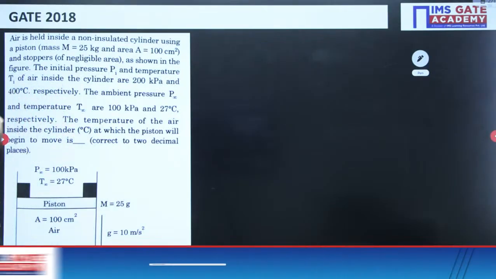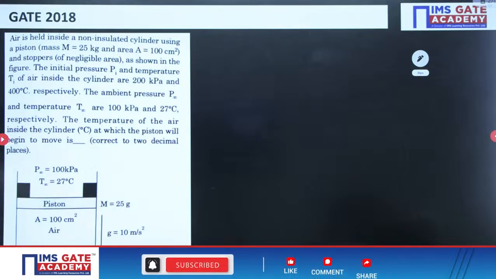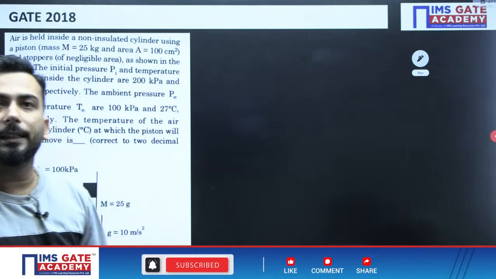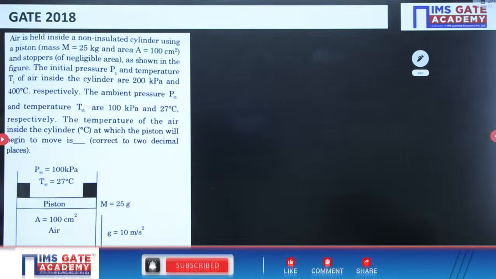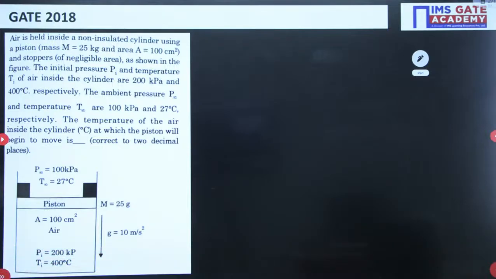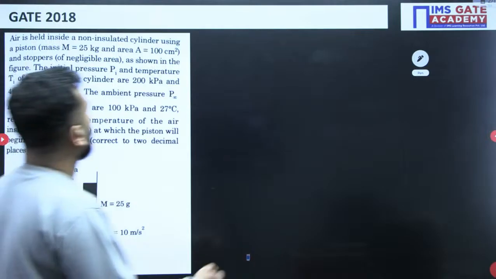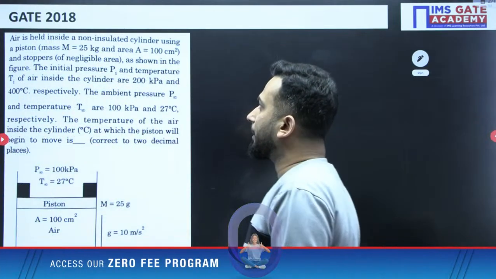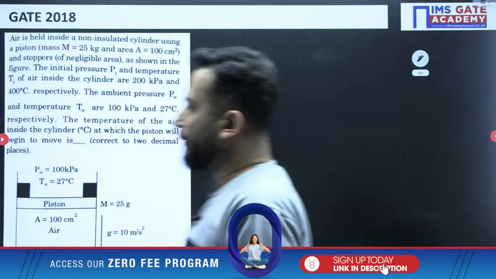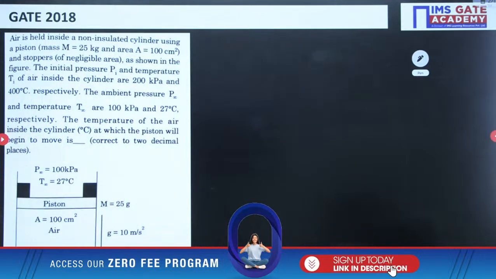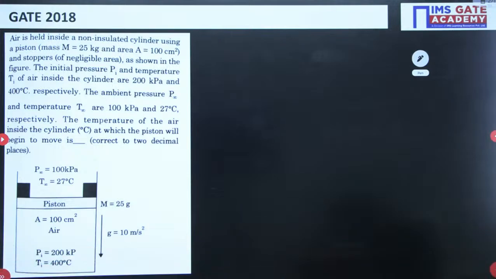So my dear friends, we will be starting with 2018, and this is the first question that we are going to discuss. Air is held inside a non-insulated cylinder using a piston of mass 25 kg and area 100 centimeter square and stoppers of negligible area as shown in the figure.